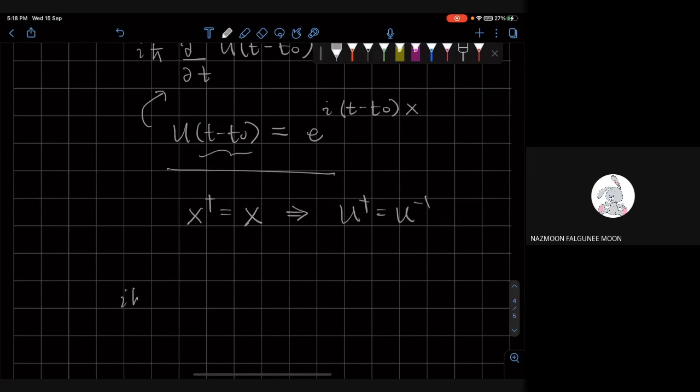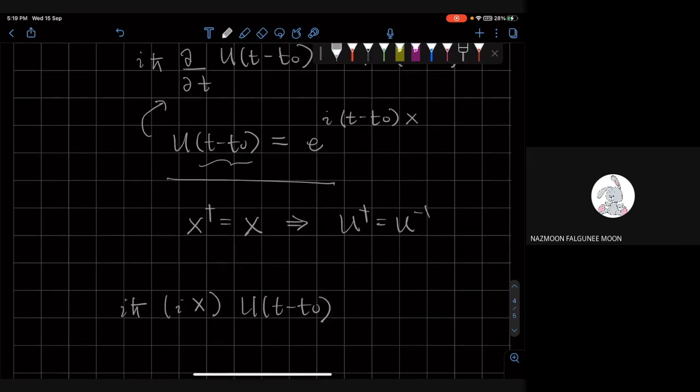So now if I put this ansatz into this equation, what do I get? I get i h bar. The time derivative brings down a factor of i and X. And then U(t minus t0) stays because it's an exponential operator. And then this is equal to H U(t minus t0).